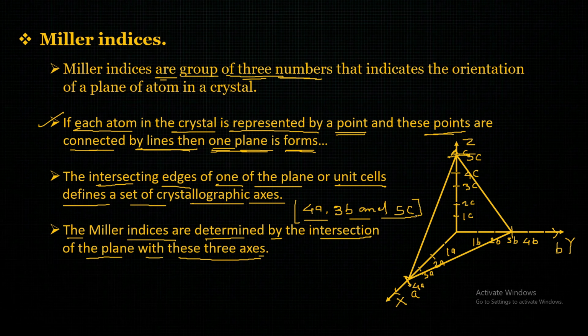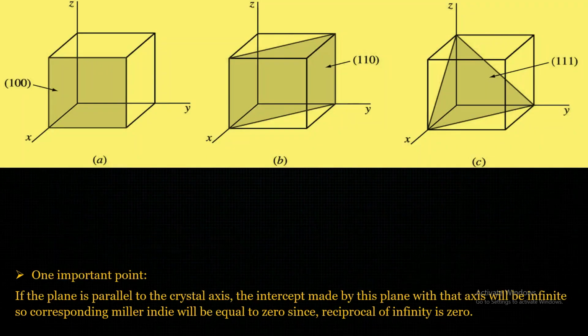Now we will see how such planes look in three-dimensional figures. See, this is our figure. In this case we will try to determine how the intercepts and planes look. To understand the previous explanation, we will discuss some planes in the unit cell.